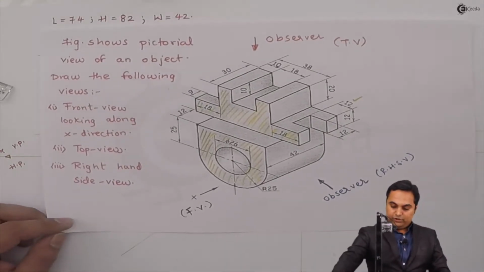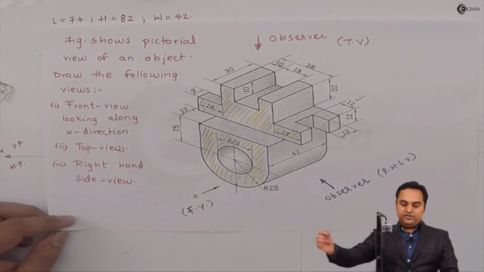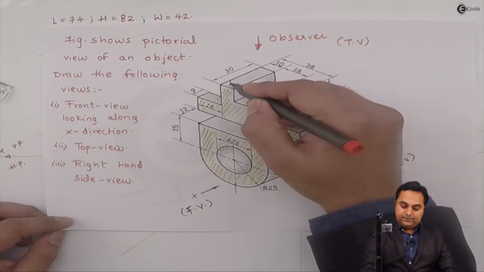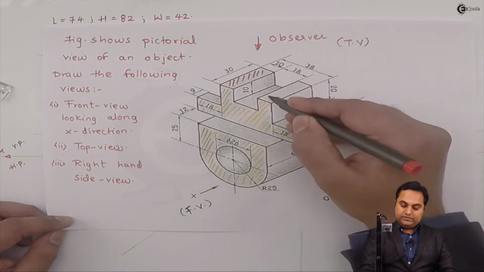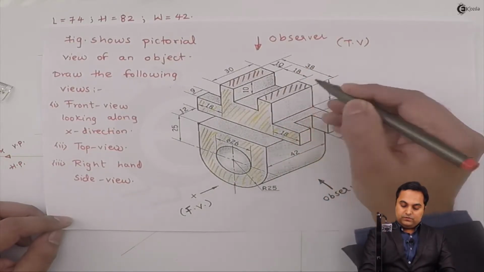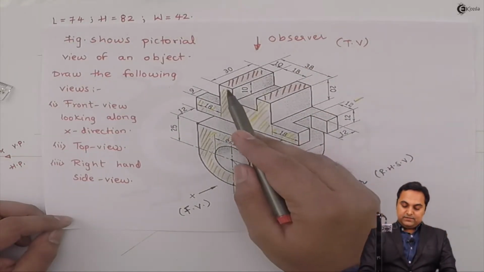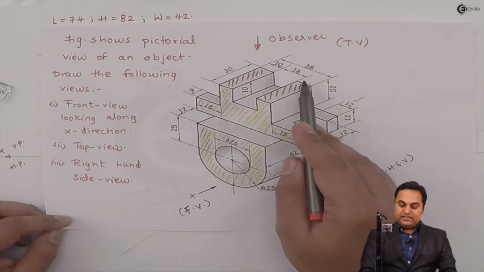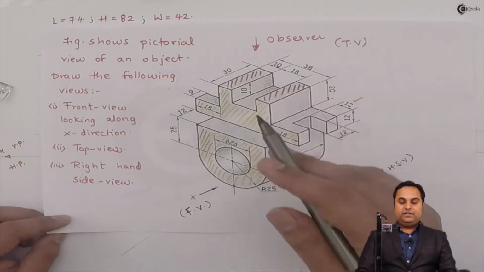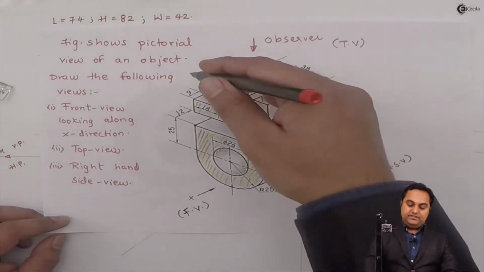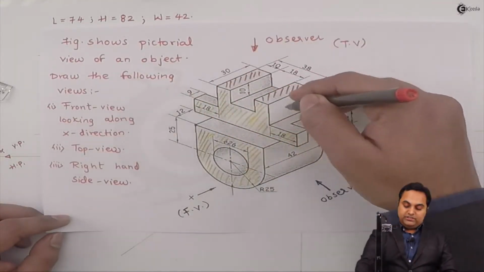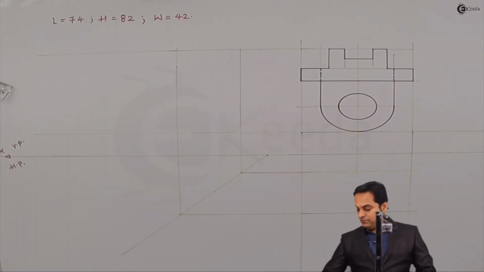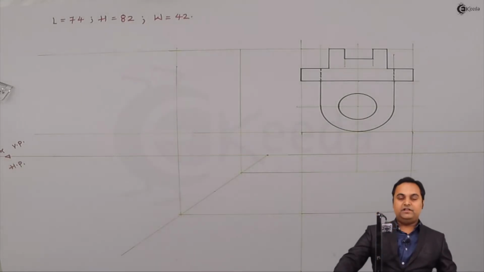So when I'm looking at the object from top, the first thing which is visible to me are these two rectangles which are having the length as 10 mm and the width is 30, and exactly at the center, that is, if I look at the top, the object is completely symmetric. So first I'll draw the center line in the top view.